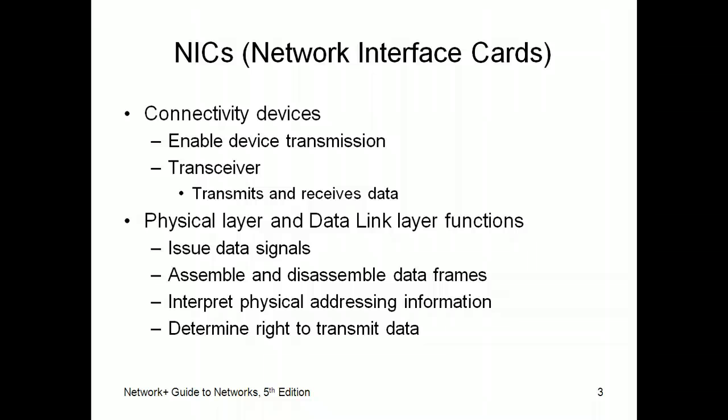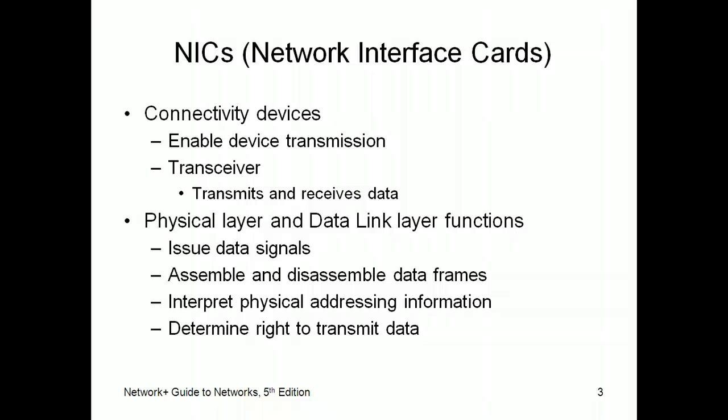But NICs basically are connectivity devices that enable you to transmit data from your machine to the network. It's a transceiver that transmits and receives data constantly. It's on the physical and data link layer of the OSI model. And it issues data signals constantly. If you're in a row where you can see behind you and see the NIC cards, you can actually see the lights blinking with the activity.